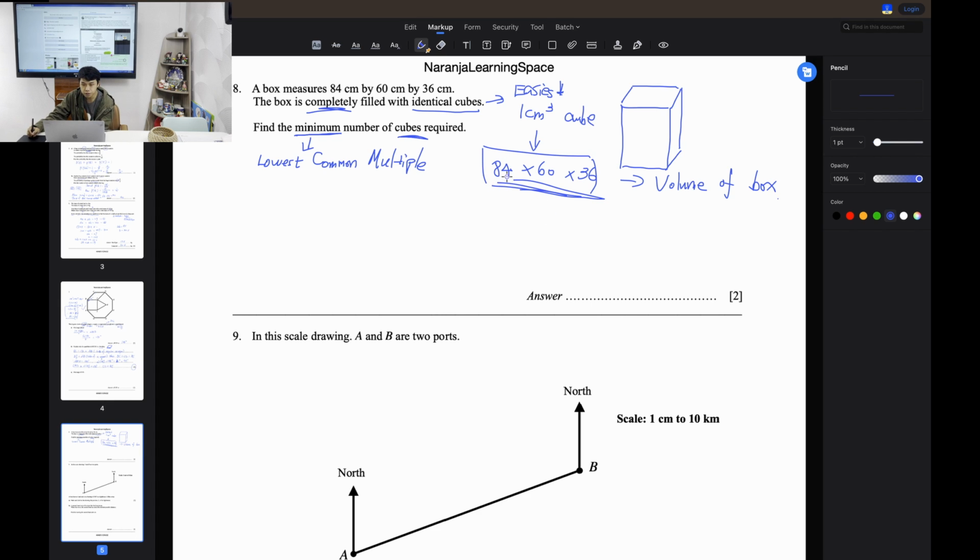Because you can see 84, 60, and 36, they have some common factors, correct? So therefore, the LCM needs to be calculated. And to do that, we have to break them down into the prime factors, which is prime factorization, right?